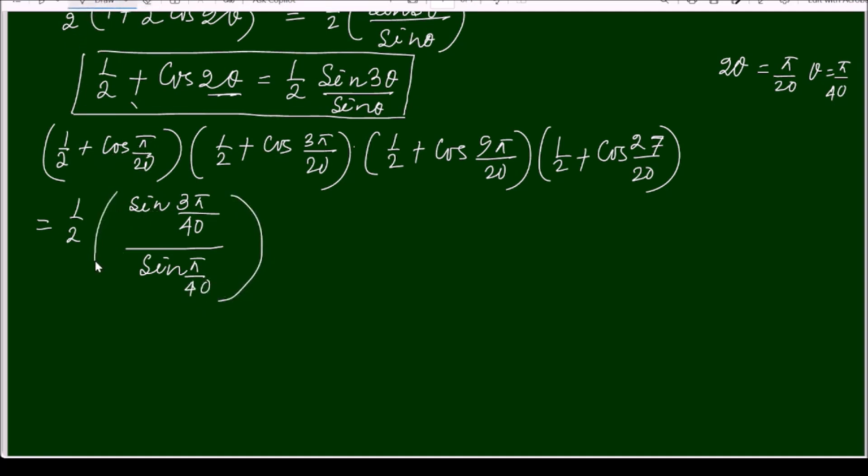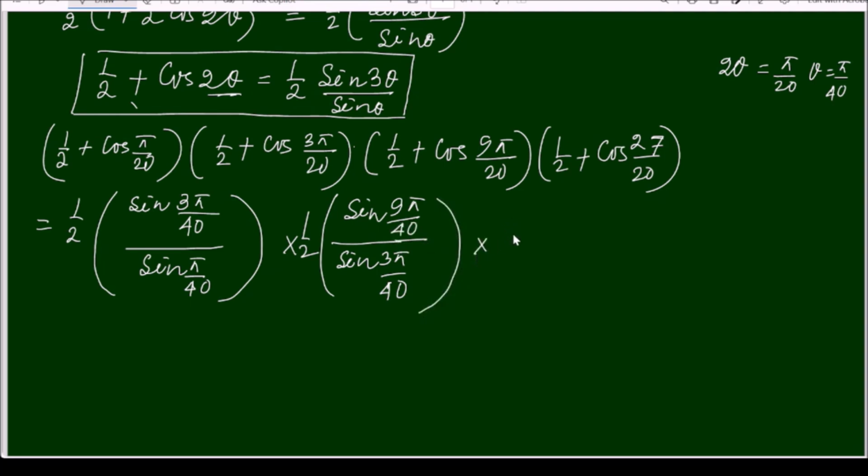Multiplies half. Now the second one, in the same way: theta will be 3 pi by 40, so sin 3 pi by 40 in the denominator, and the numerator will be sin 9 pi by 40. Multiplies half into, 9 pi by 40 will be the theta, and sin 3 theta will be 27 pi by 40.